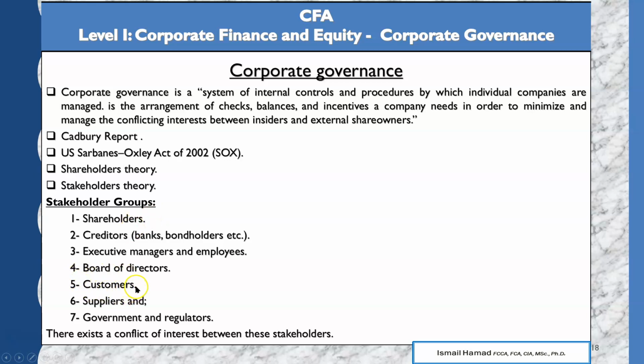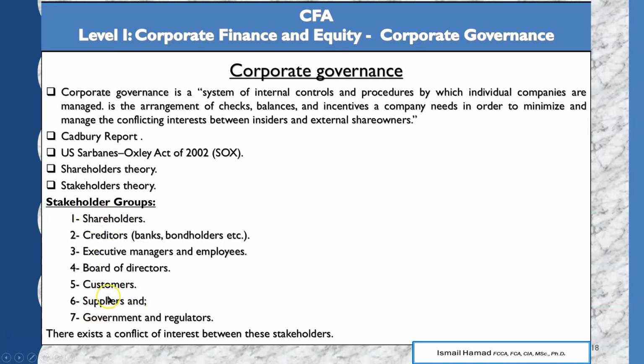Customers, if we lower the prices at which we sell the goods and services to customers, that will lower the profit and go against the shareholders, but it is in the best interest of the customer. Conversely, if we increase prices of our goods, that will increase the profit, but it will go against the customer.